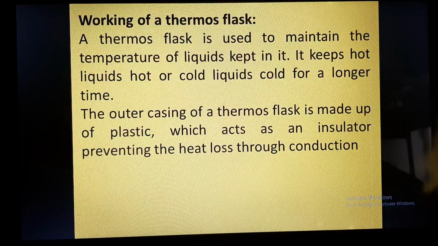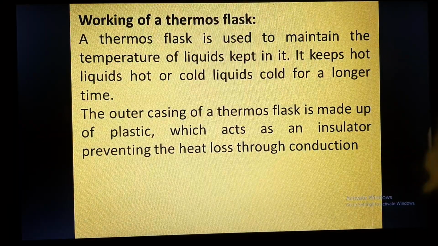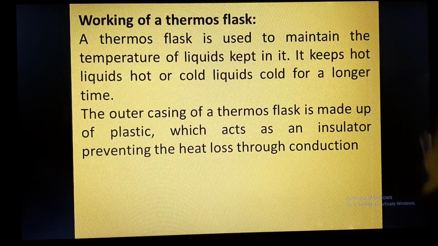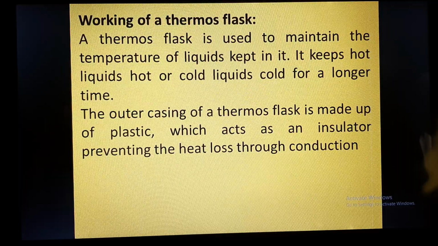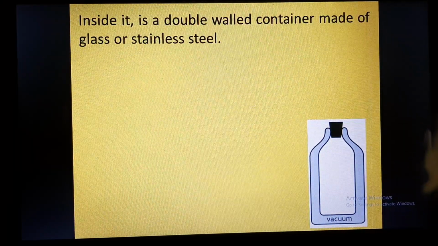Now the outer casing of a thermos flask is made up of plastic, and we know that plastic is an insulator. So this plastic acts as an insulator and hence it prevents the heat loss through conduction.